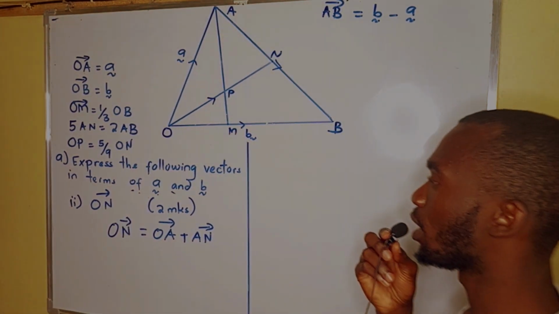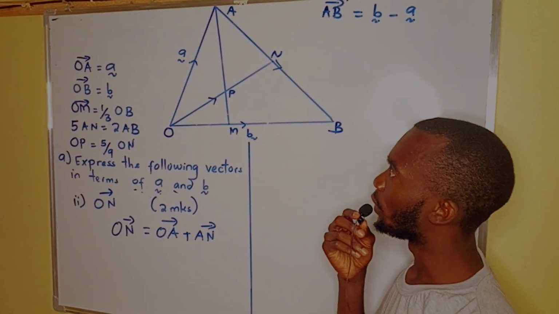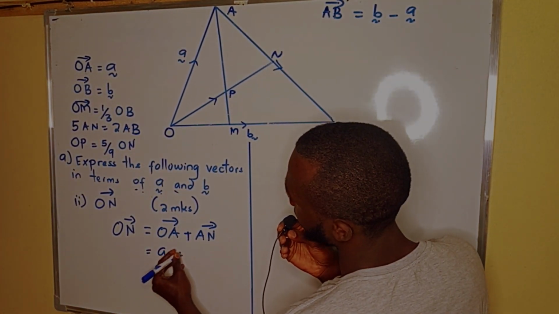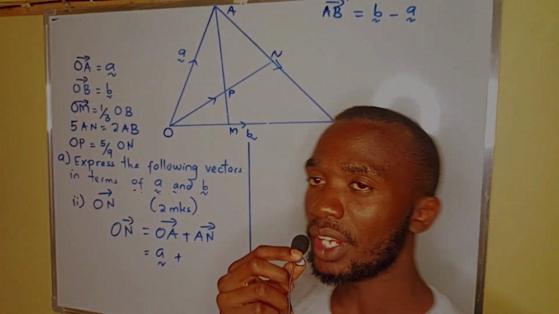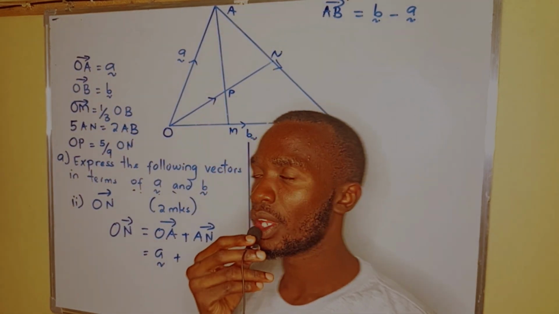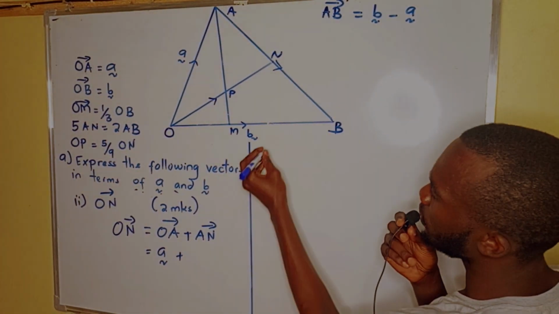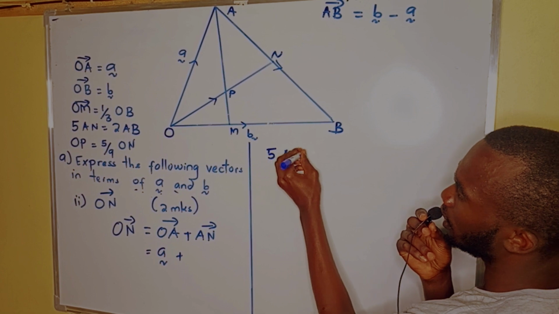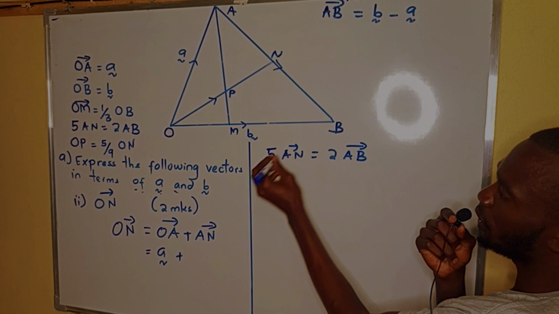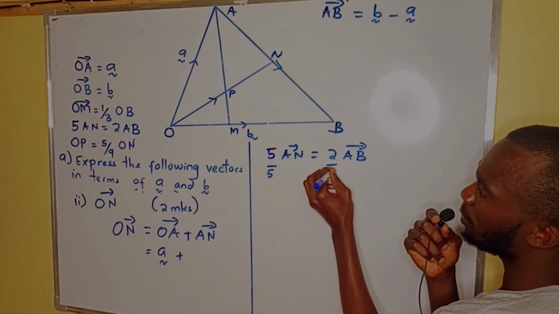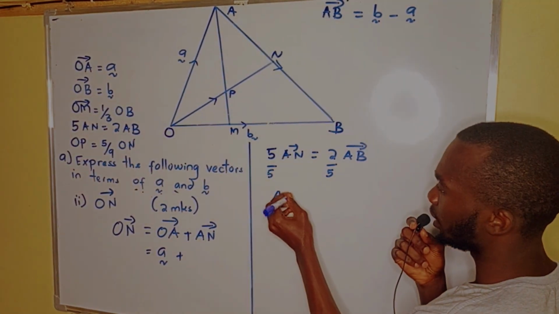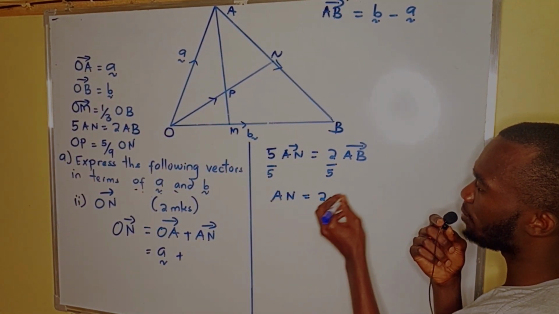Show the direction. Now vector OA, we already have it to be a. So this is the same as a plus AN. We don't have AN, but there's a relationship between AB and AN. We were told that 5AN is equal to 2AB. So when you divide both sides by 5, this implies that AN is equal to 2 over 5 AB.